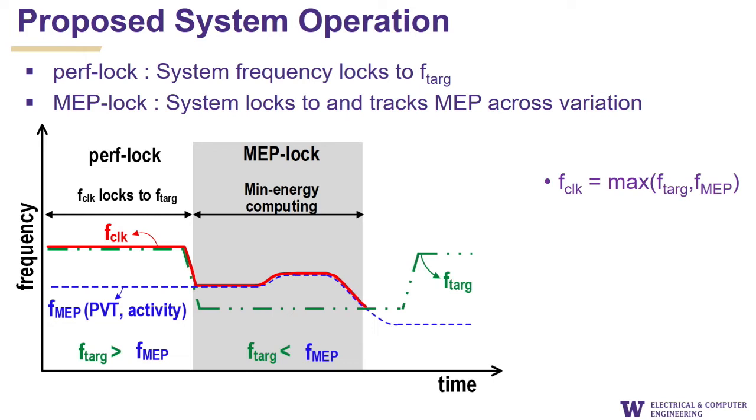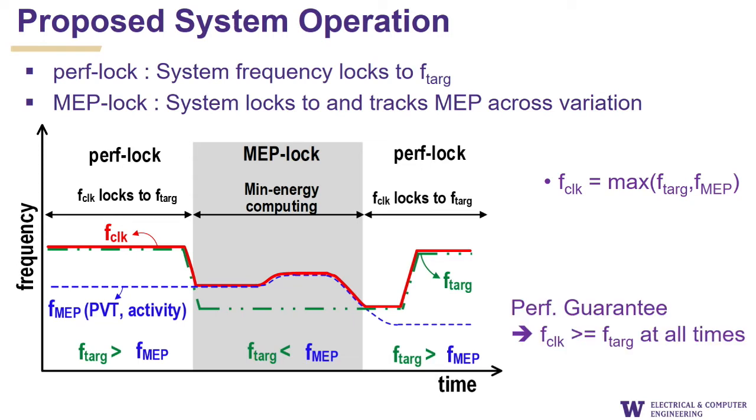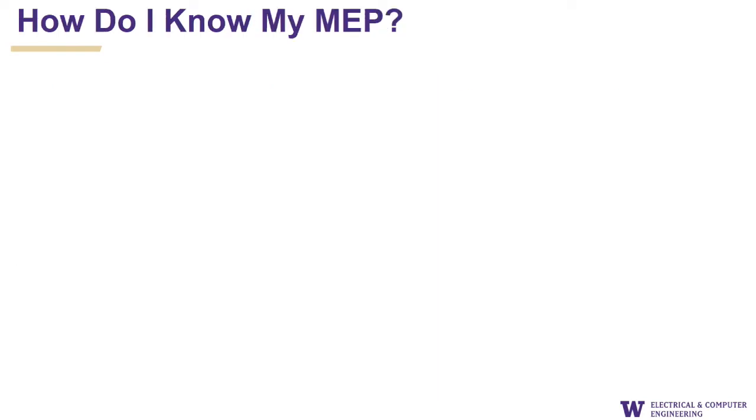And that continuously tracks any variations in the minimum energy point, and it autonomously detects if that frequency has dropped below my target, and if it has, I need to switch back to performance lock, and at all times I have to guarantee that the clock frequency I'm running at always exceeds the target, okay? And that basically forms my performance guarantee.